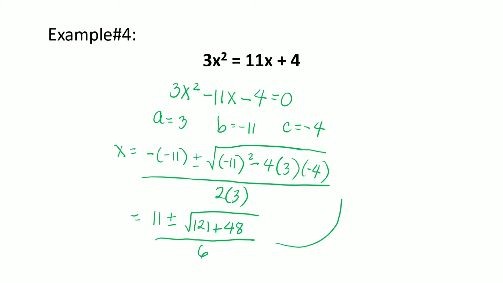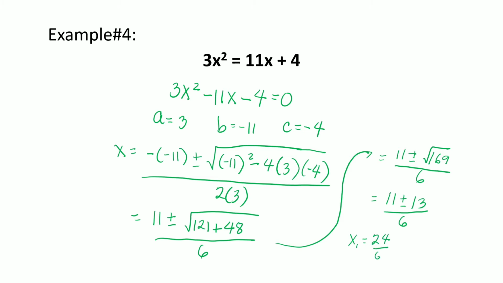And then again, simplifying everything, we will have 11 plus minus the square root of 169 all over 6. So 11 plus minus, again, the square root of 169 is 13, over 6. So the first value of x is 11 plus 13, which is 24 over 6.